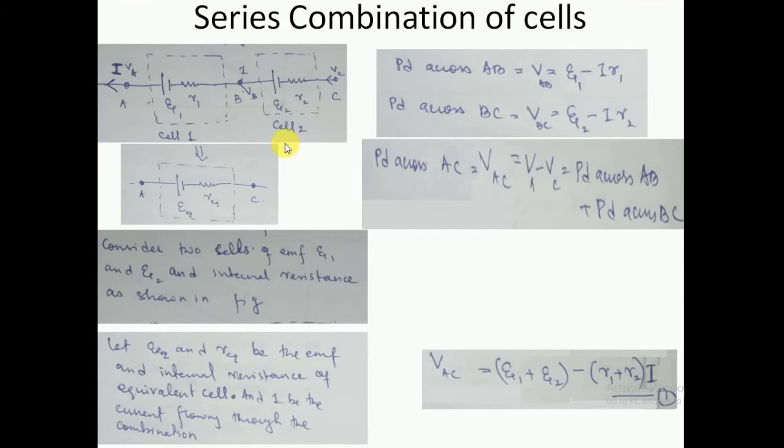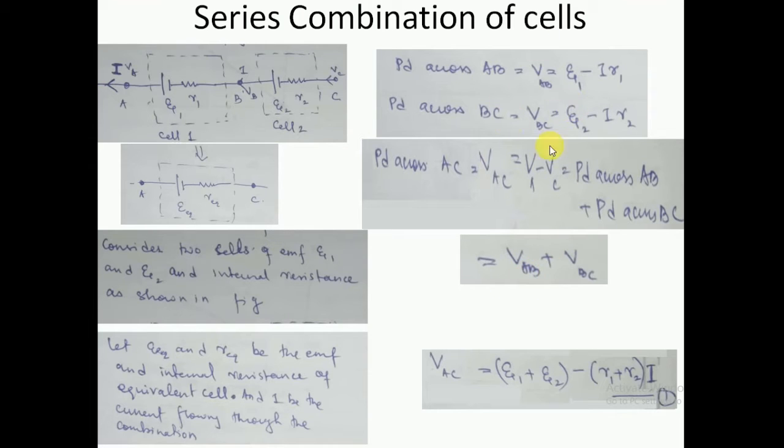Now the potential difference across AC can be written as the potential difference from here to here. So this can be written as the potential difference of cell 1 plus the potential difference of cell 2. So VA minus VC, the potential difference between these 2 points, is the potential difference across cell 1 and across cell 2, that is BC. So that is VAB plus VBC.